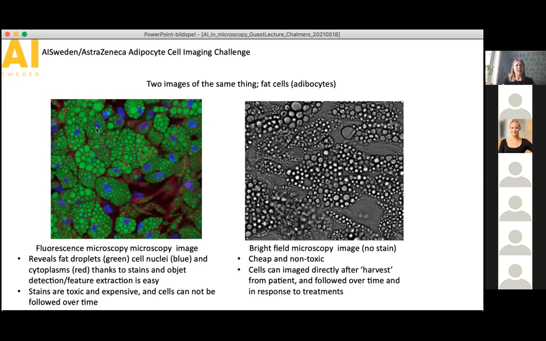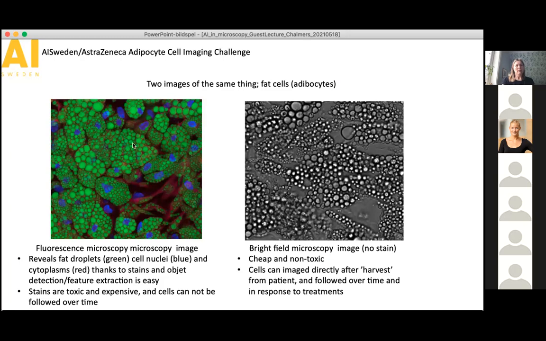And to the left, we have a fluorescence microscopy image. The green are the fat droplets, the blue are the cell nuclei, and then we have a red stain to show the cytoplasm. And with these stains, it's fairly easy to automatically count fat droplets, count nuclei, associate fat droplets with nuclei, and then count fat per nucleus.